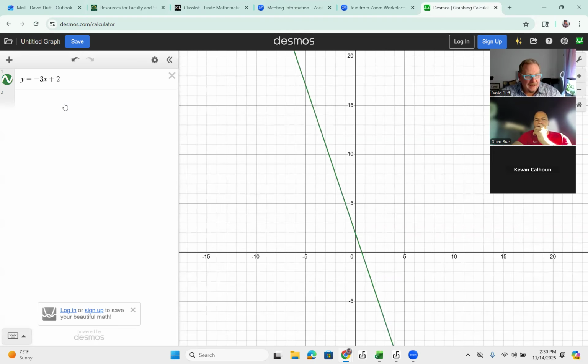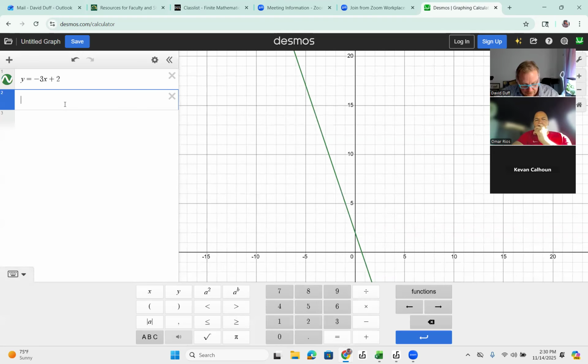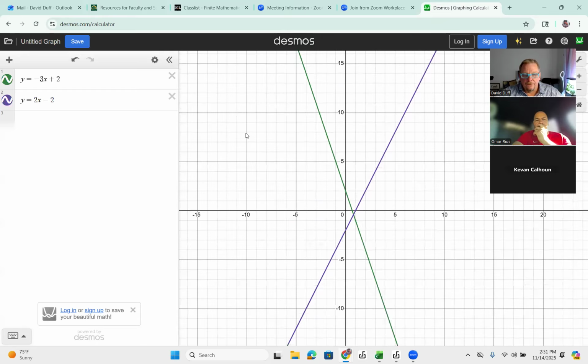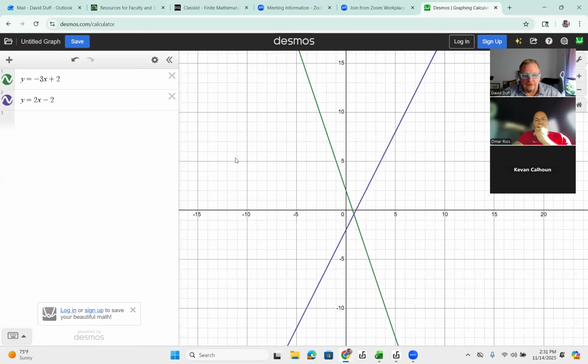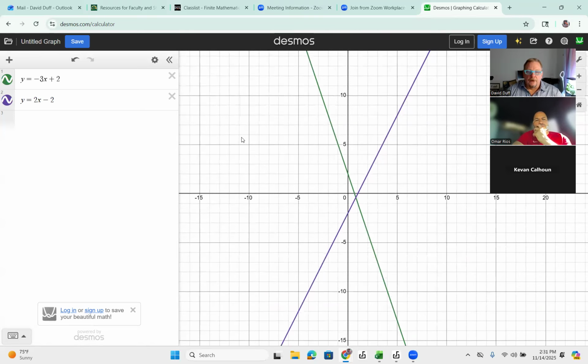So what if I had another line, like let's say y is equal to 2x minus 2. Now I have 2 lines. How many solutions are there that, if we plug them into both of these equations, will make both of these equations true? 1. 1, right here.